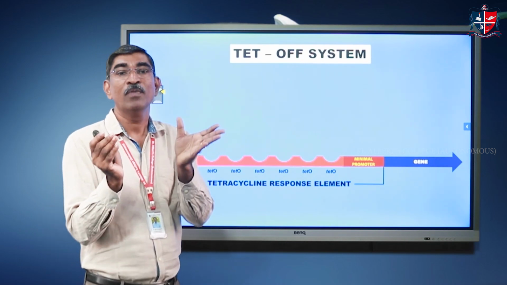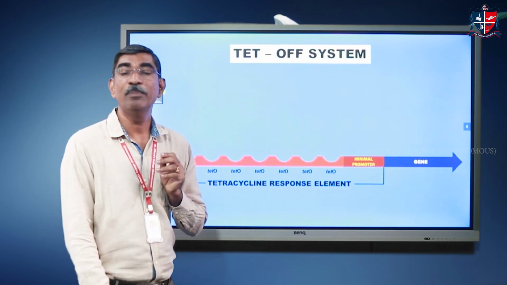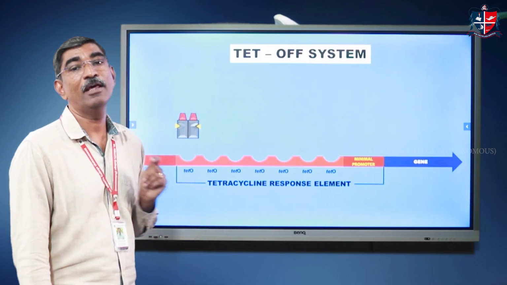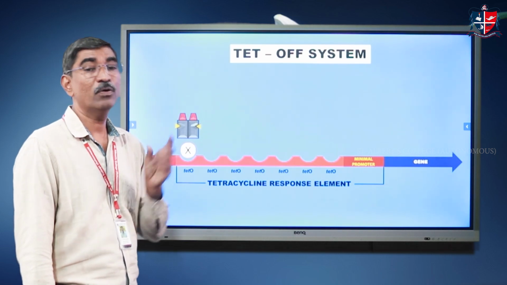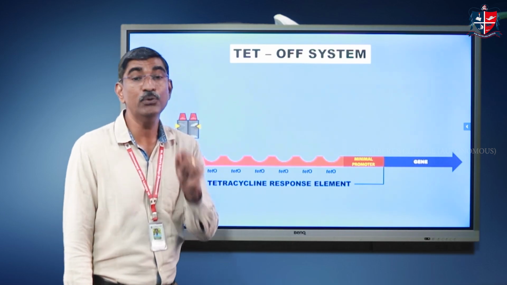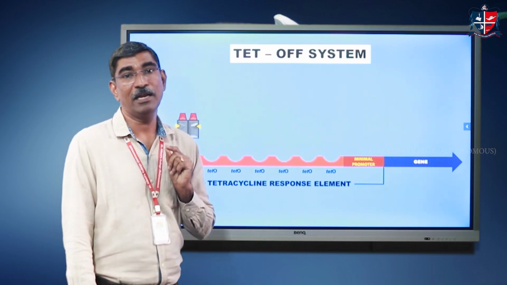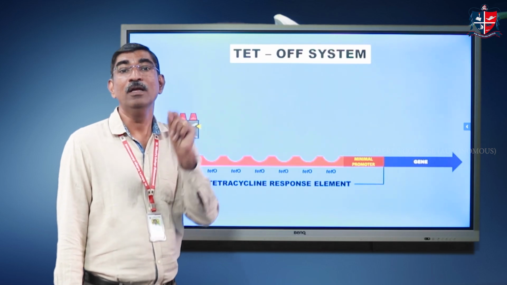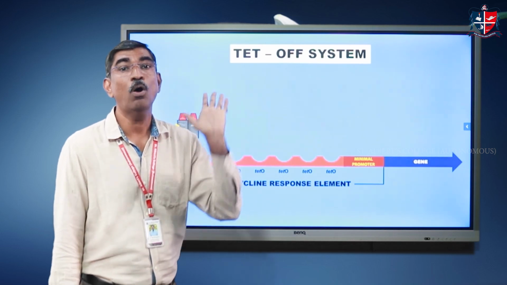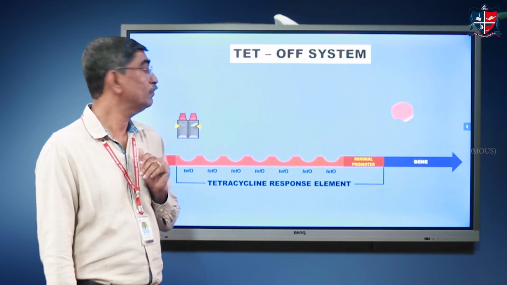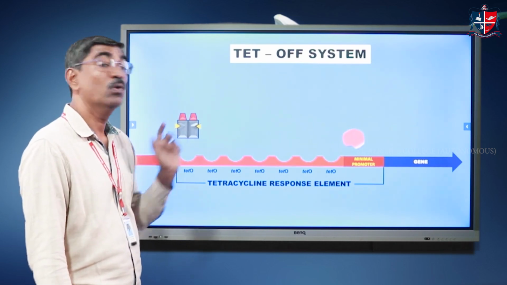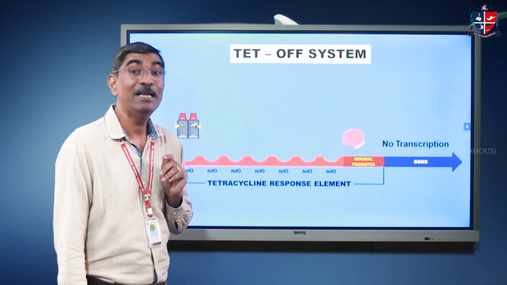That means the conformation of that repressor is changed, and now this repressor cannot bind at the operator because its conformation is changed, and that change in the conformation is due to binding of tetracycline. So in the presence of tetracycline, that fusion product cannot bind at the operator. So no transcription will take place.